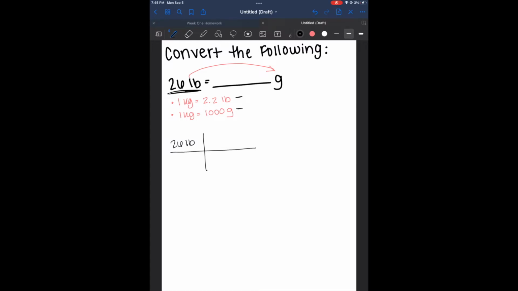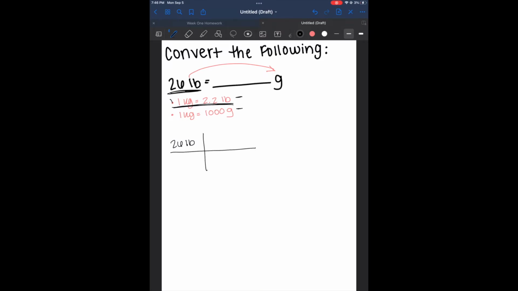So remember to set this up in dimensional analysis, things have to be diagonal to cross out. So if I start out with 26 pounds, out of my two things that I have available, the only thing that I have that has pounds in it is 1 kilogram is 2.2 pounds.